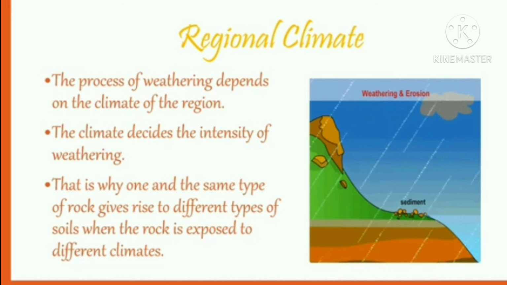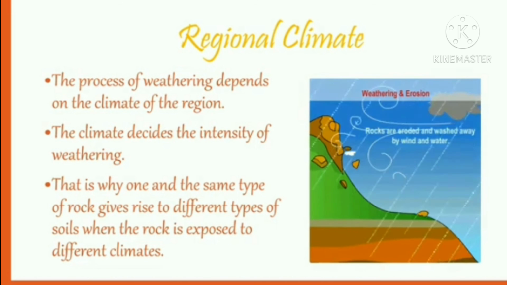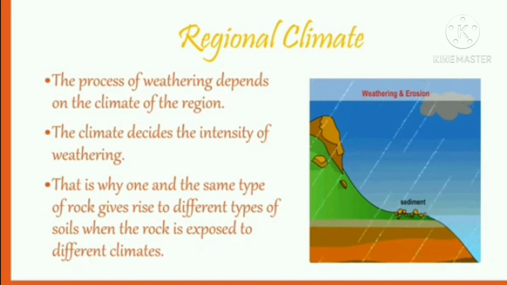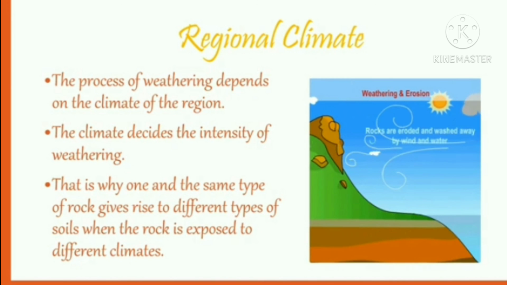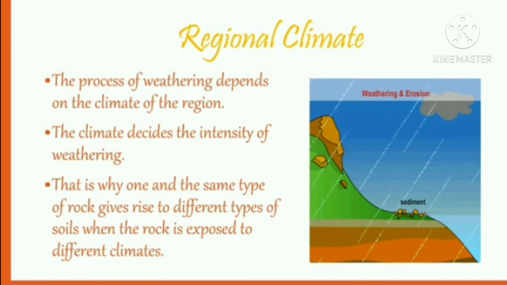That is why one and the same type of rock gives rise to different types of soils when the rock is exposed to different climates. Okay, now weathering of the rock is the first step in the process of soil formation. The process of weathering depends on the climate of the region, and the climate decides the intensity of weathering.